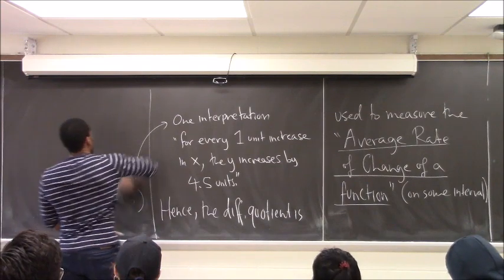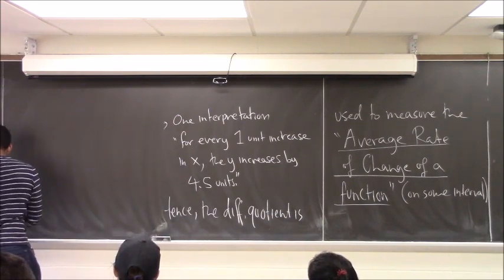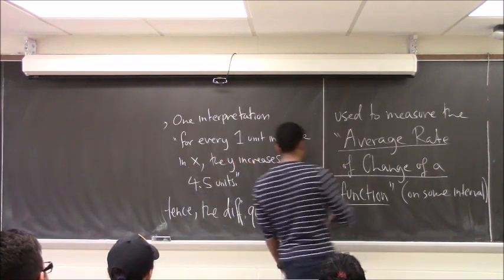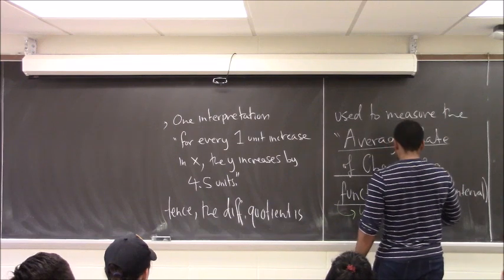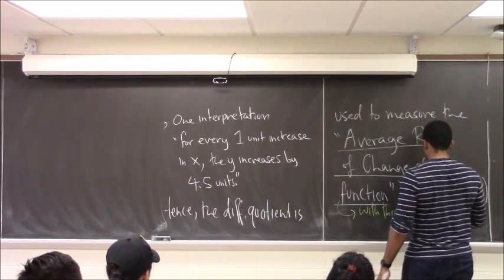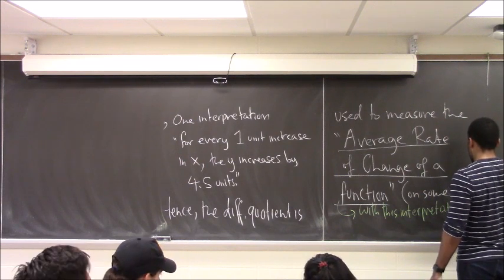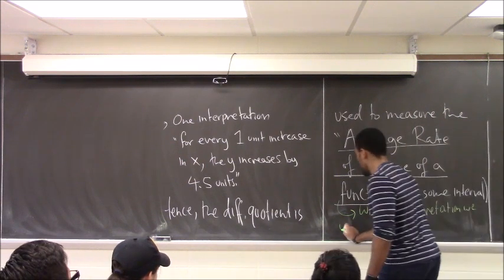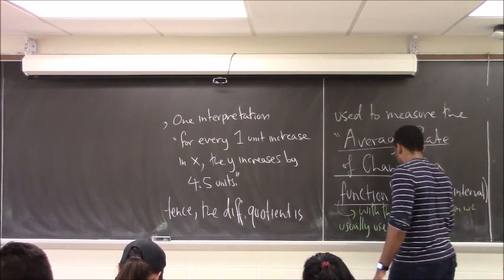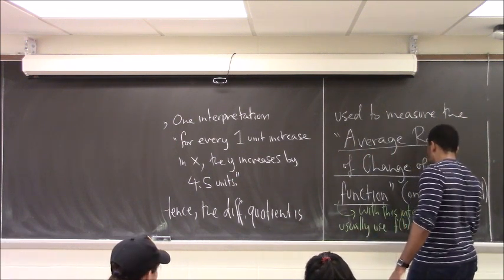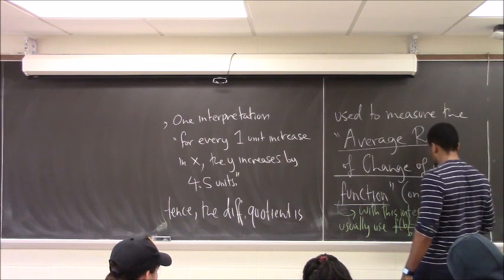And usually for average rate of change, the second formula is the one we like. With this interpretation, we usually use the f of b minus f of a over b minus a.